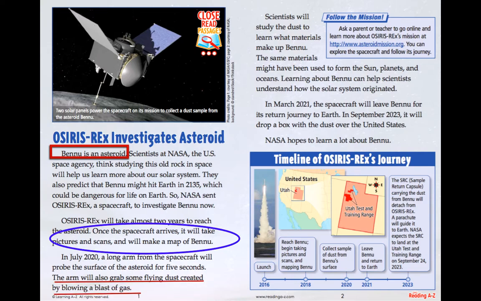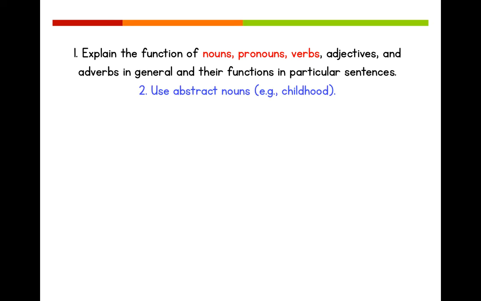And also this sentence, the arm will also grab some flying dust created by blowing a blast of gas. So you need to be able to explain what are nouns, pronouns, verbs, adjectives, and adverbs, including abstract nouns.